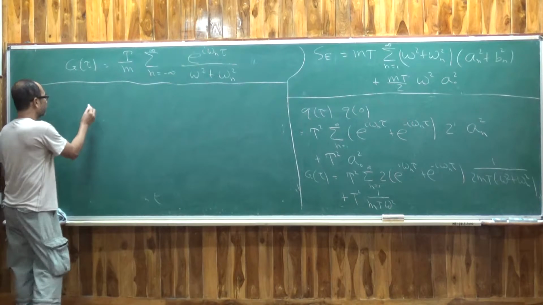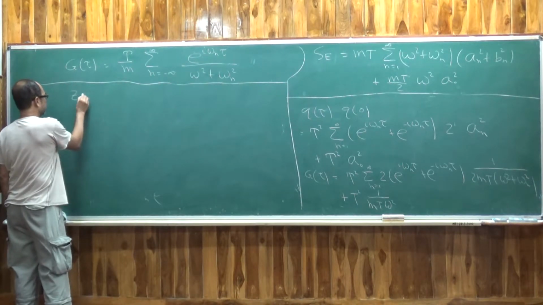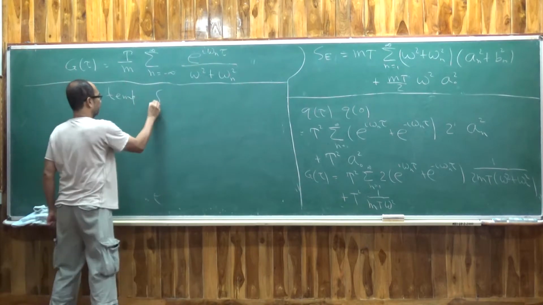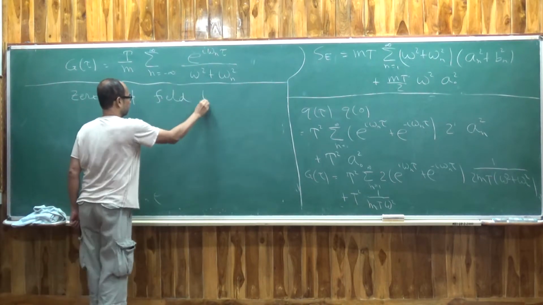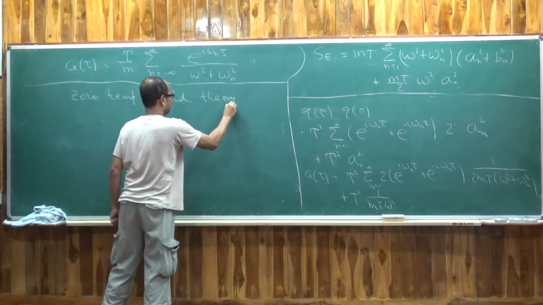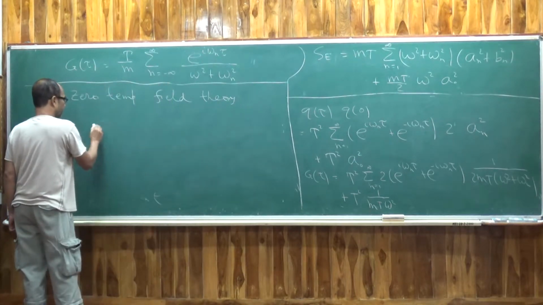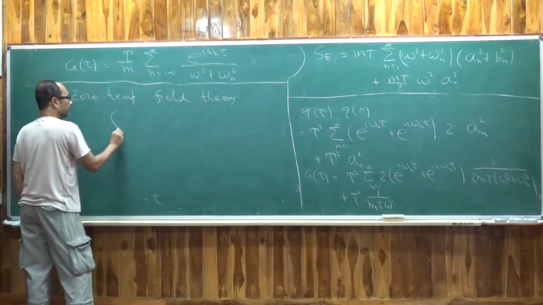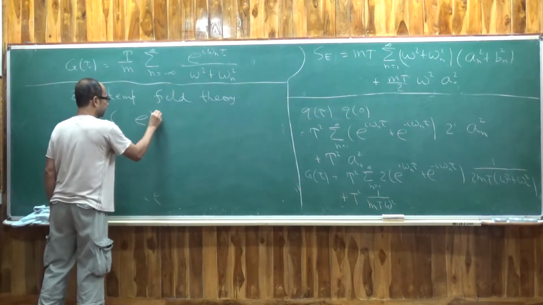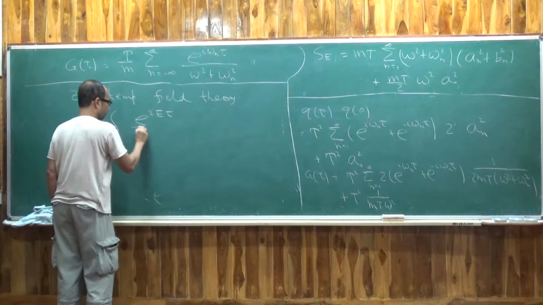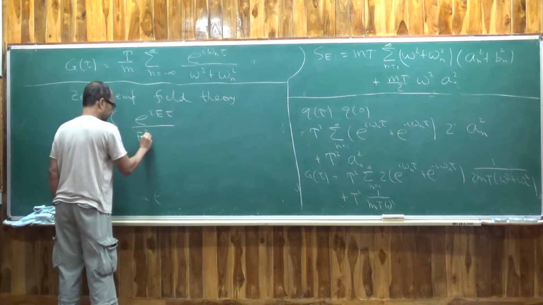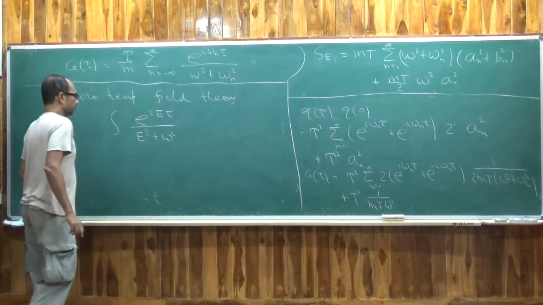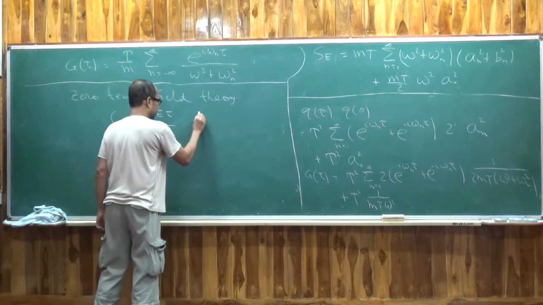What we would have gotten in zero temperature field theory is the integral of e to the i E tau over E squared plus omega squared, dE by 2 pi.